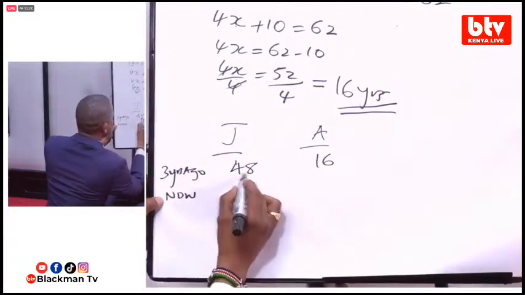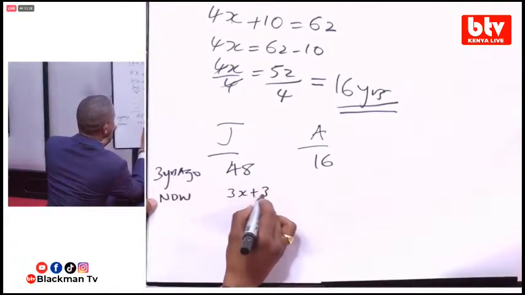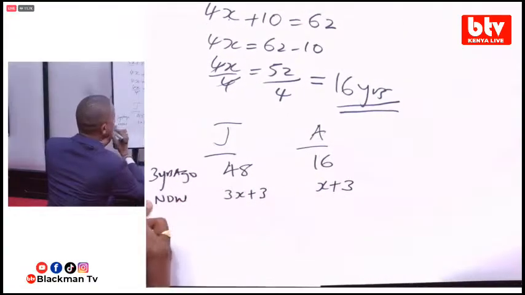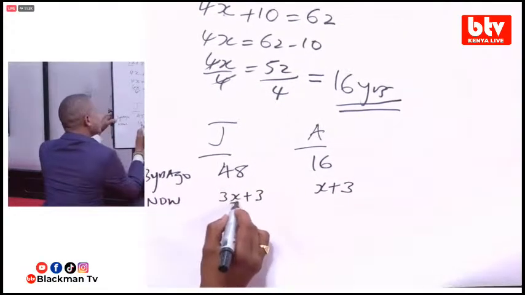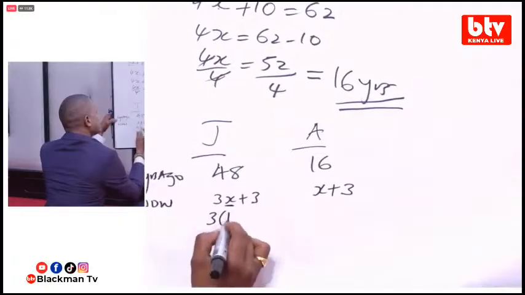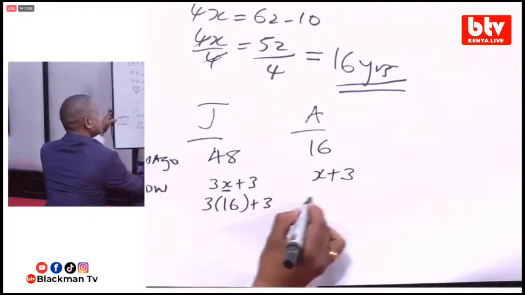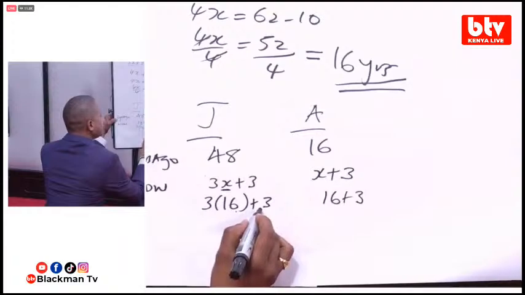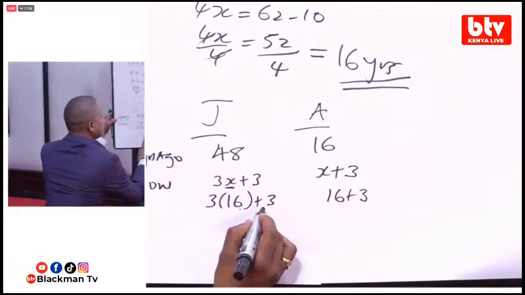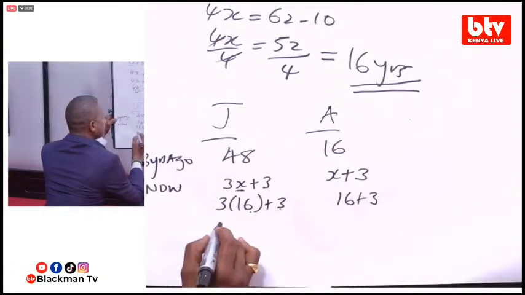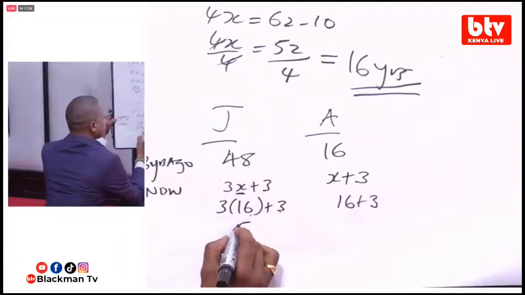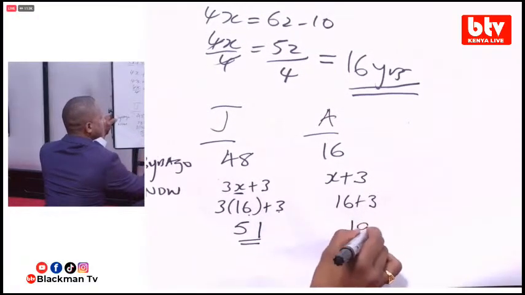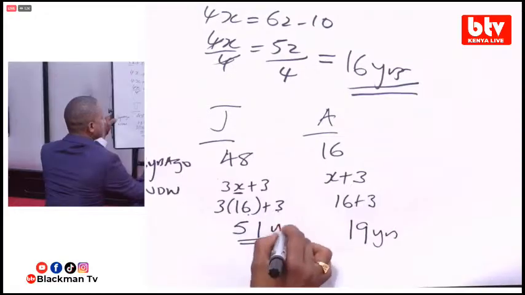Now, Juma was 3X plus 3, while Ali was X plus 3. But what is our value for X? It is 16 plus 3. Here also 16 plus 3. So this is 48 plus 3 is 51 years, and this is 16 plus 3 is 19 years.